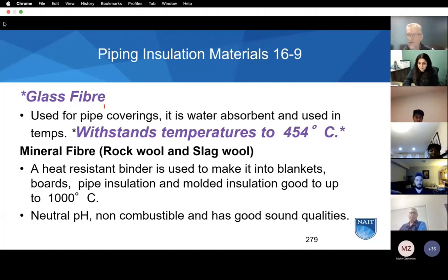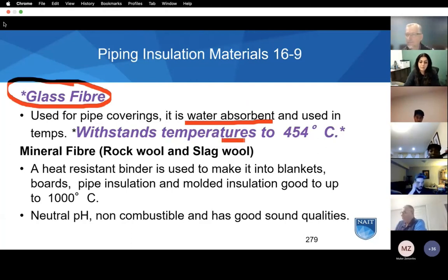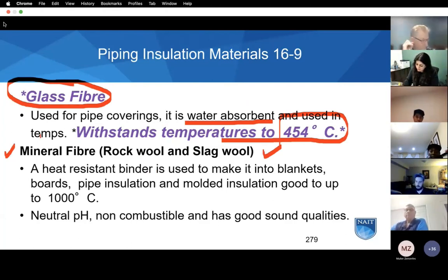Glass fiber is a common insulation material. It does absorb water and withstands temperatures to 454 C. There's also mineral fiber, more common now. Glass fiber has a lot of things that'll fly around and get in your lungs and cause you all kinds of grief.